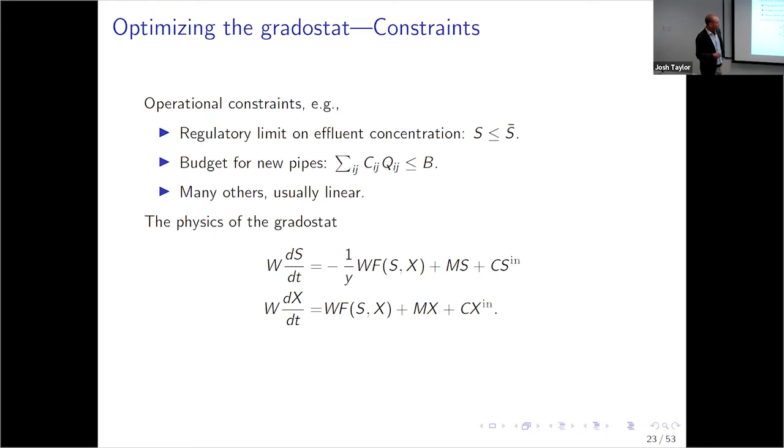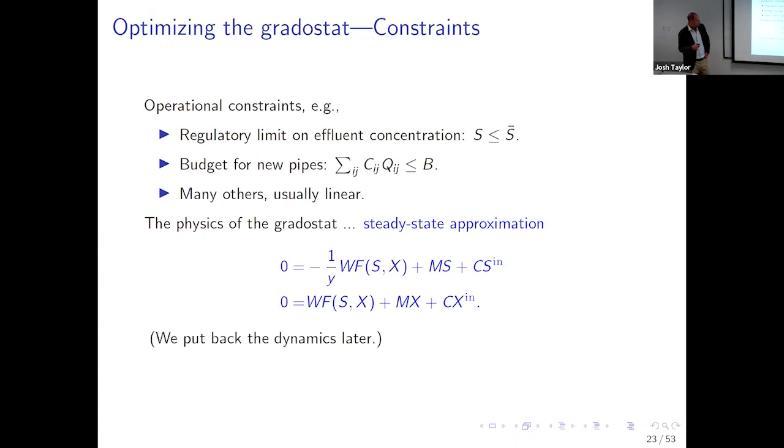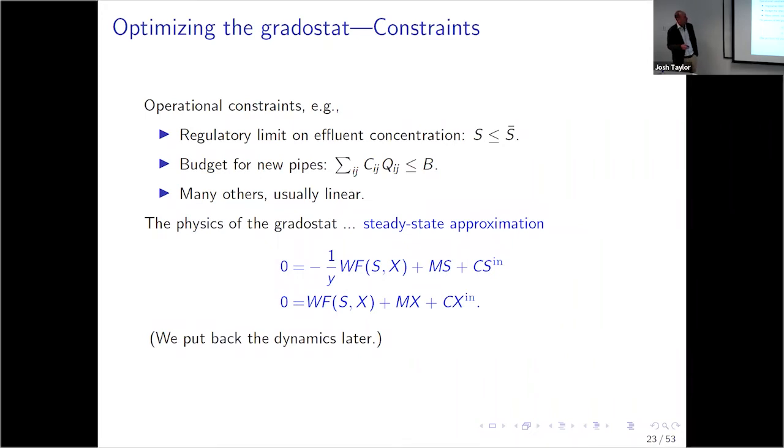The real challenge is representing the gradostat itself, the physical constraints, which basically means we just put the system model into our optimization. Now, the first thing we do is we make a steady state approximation. We don't actually need this. We can put the dynamics back in later, but for the sake of this talk and the specific analysis we have for this case, for now, I'll go with this steady state approximation.